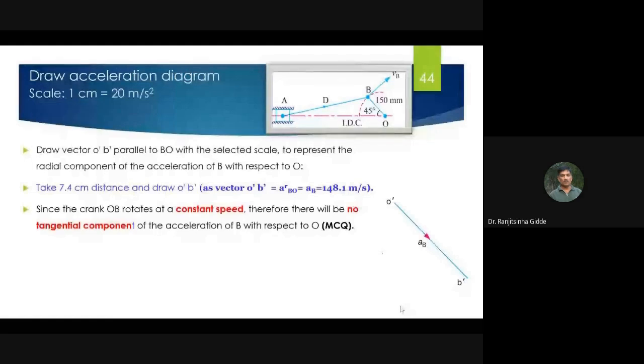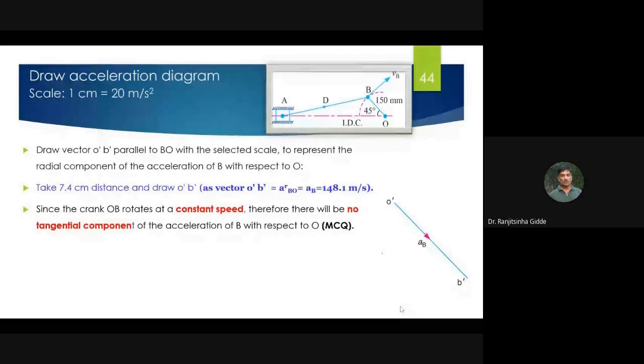Okay. So once again I will repeat. Since the crank OB rotates at a constant speed, therefore there will be no tangential component of the acceleration of B with respect to O. This will be asked in MCQ.